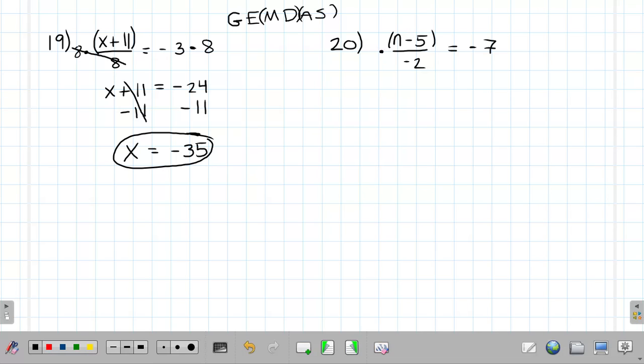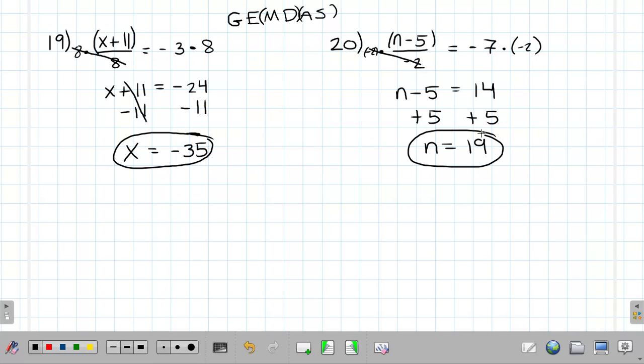So first step here is multiply times negative 2. Whole point here, those cancel. We have n minus 5 is equal to negative times a negative, which is a positive, 7 times 2, 14. An easy one-step equation here. Plus 5, n is equal to 19.